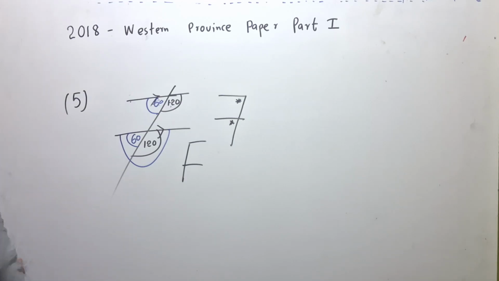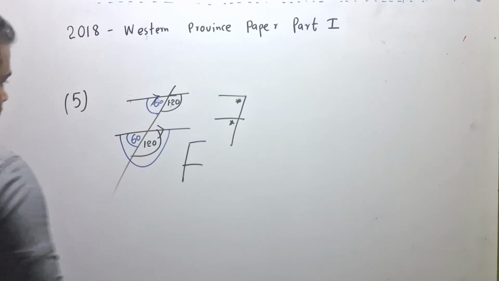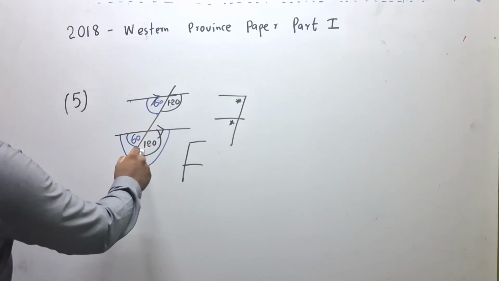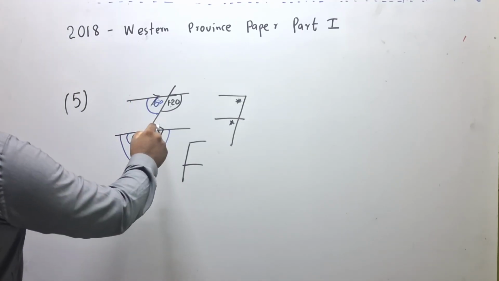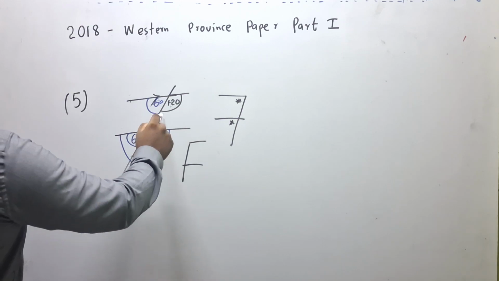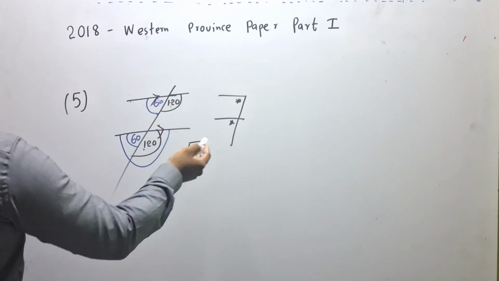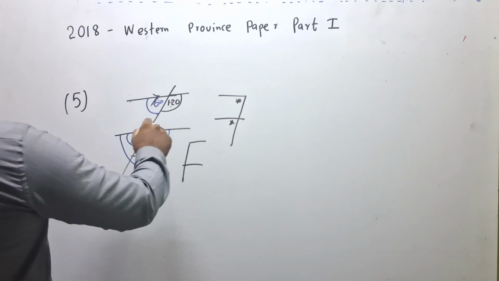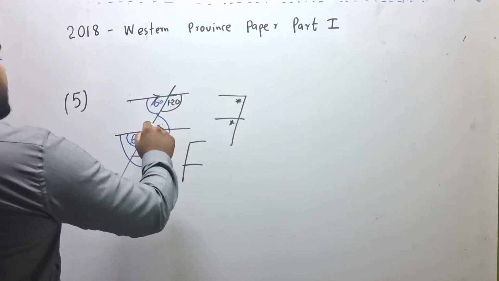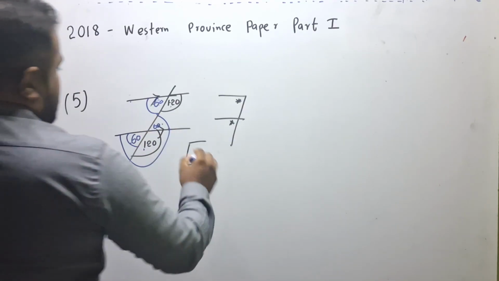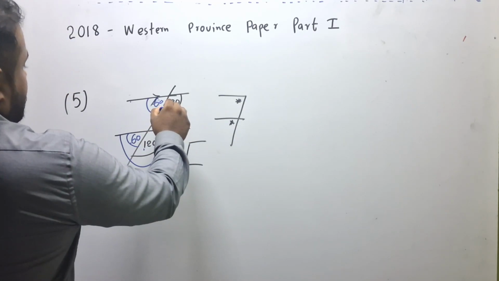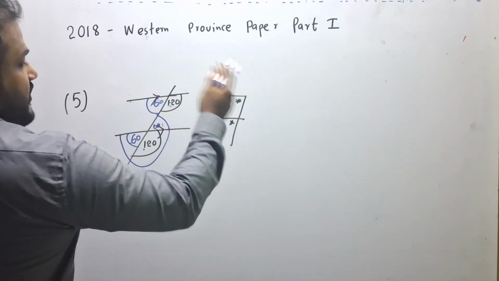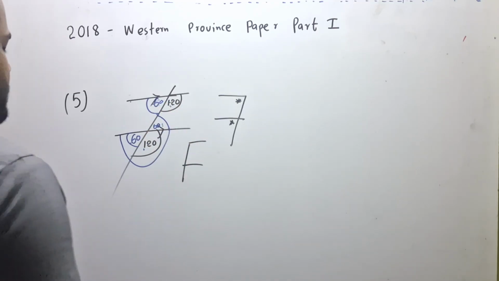Okay. That happens. Then I will show you the C shape also here. If this is 120, this is 60 from angles on a straight line. Or if this is 60, this is also 60 from vertically opposite angles. So can you see, if this is 120 and this is 60, when added together they are 180.